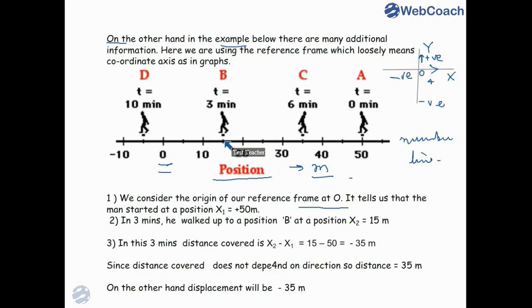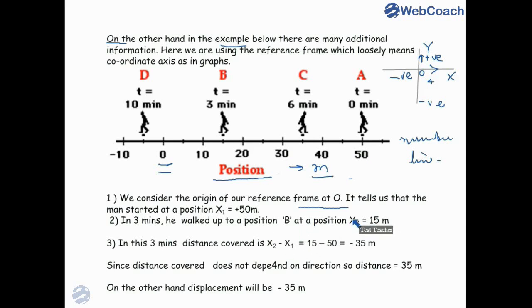What is his position at 3 minutes? His position at 3 minutes is between 10 and 20, which is 15. So I write that after 3 minutes the position is x2. This is my final position between time 0 to 3.